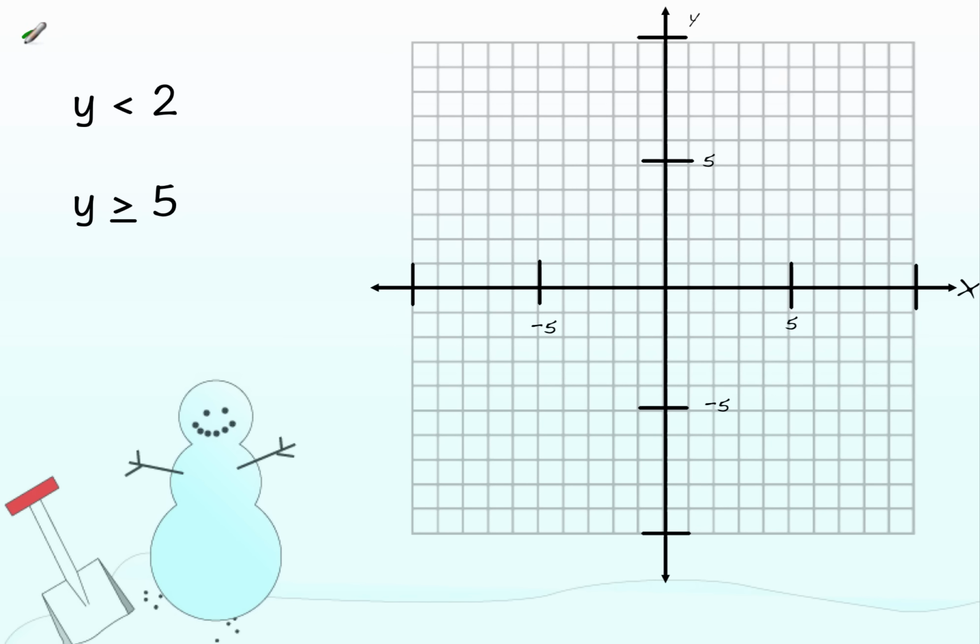Last one we're going to graph, example 3. This is an easy one. I have two y equals. So according to Mr. Slopey Face, y equals are just straight horizontal lines. Lovely. So y is less than 2. So that means I go to where 2 is.